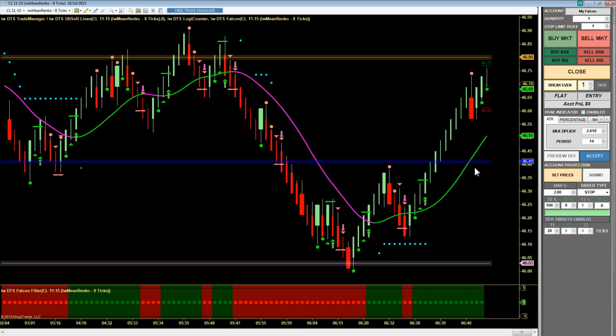This is crude oil on the Falcon right here at the North American open, or the stock index open. We had a late filter entry signal. Very, very high probability signal on the Falcon Swing Trader. The late filter entry signal occurs when the filter goes out of sync, comes back into sync, but the trend line never changes color.